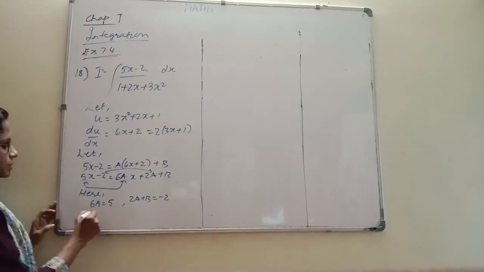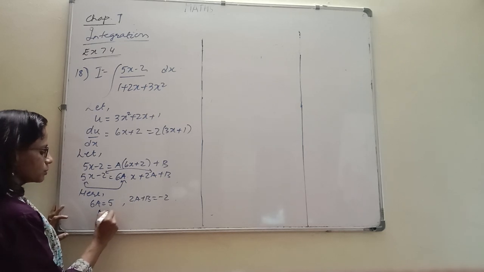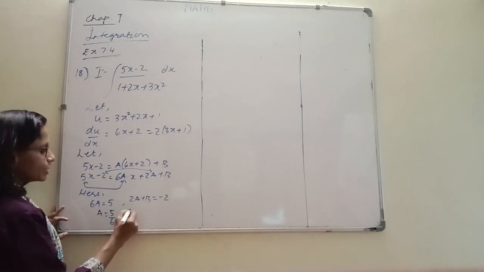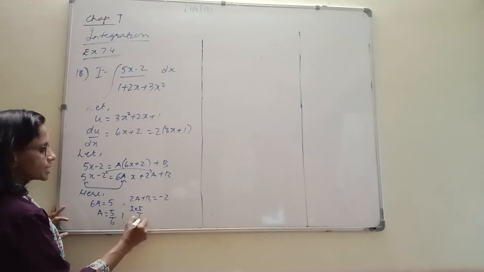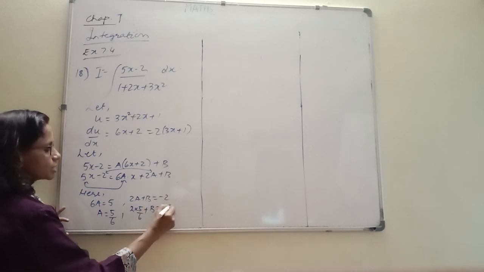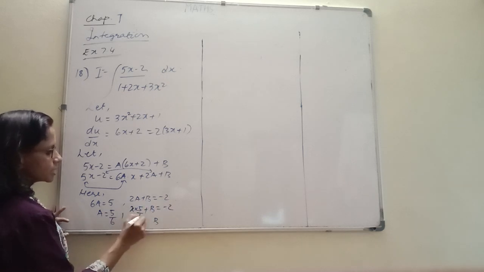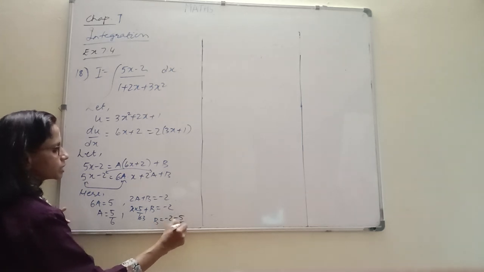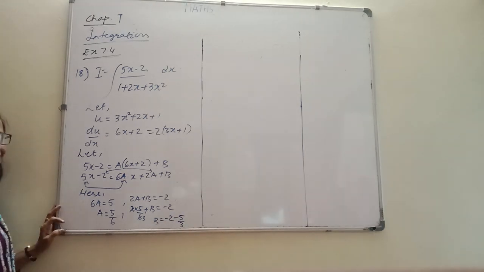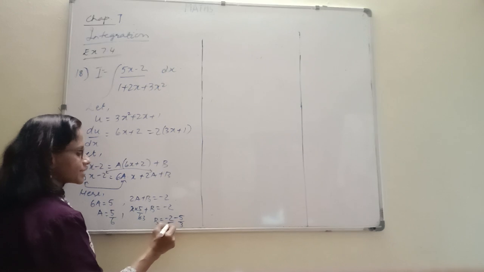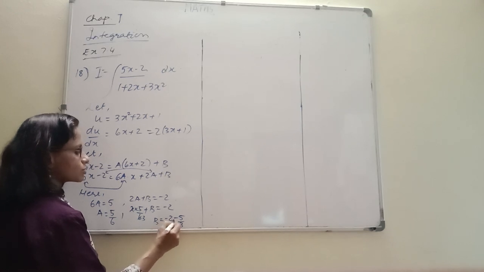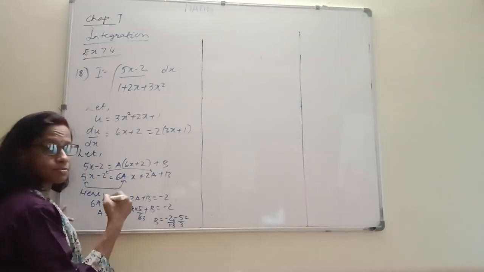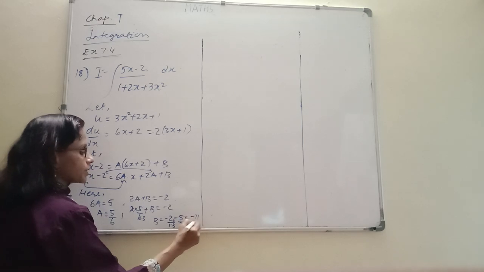So a becomes 5 over 6. Now what's b? b is going to be negative 2 minus 5 over 3, that is, 2 times a is 5 over 3. When we equalize, multiplying by 3, it is negative 6 minus 5, so negative 11 over 3.